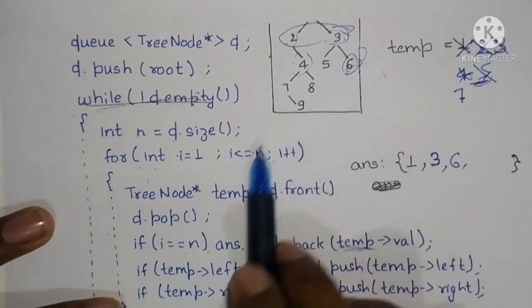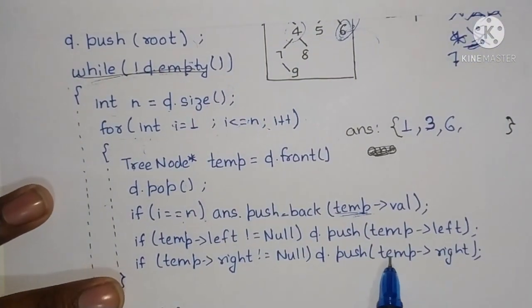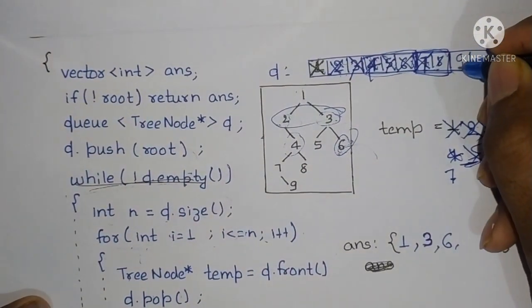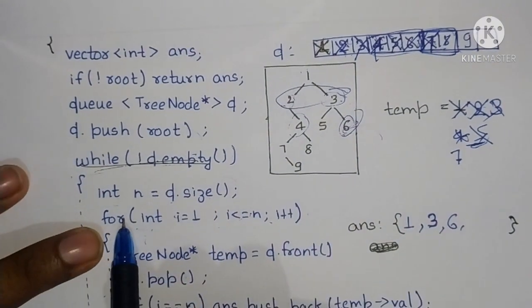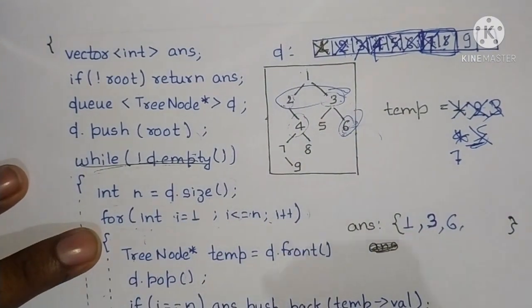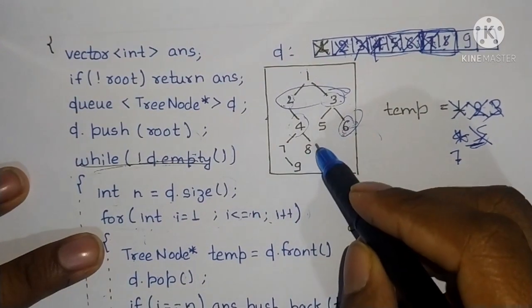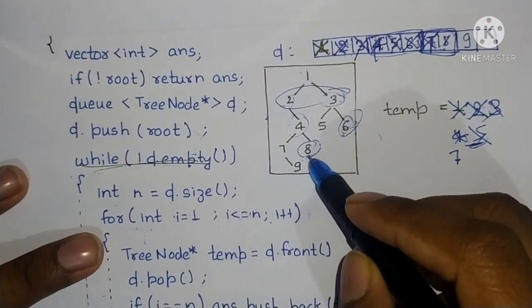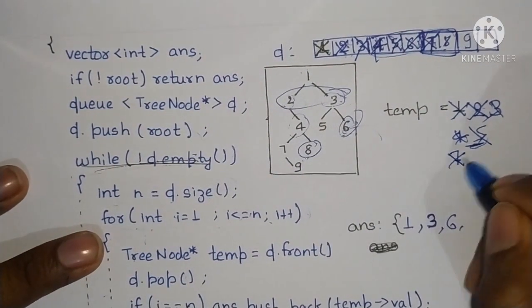So 7 doesn't have any left child, but 7 has a right child, so this right child will be pushed into the queue, and then the for loop will run for the second time, and in this the node value will be 8, so the temp value will be 8 now.